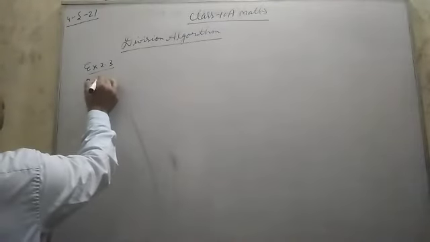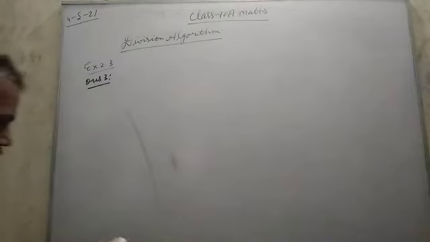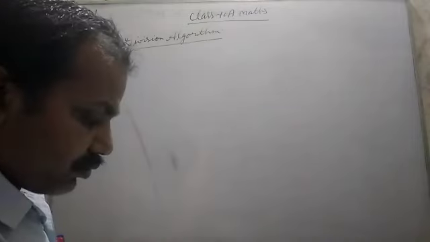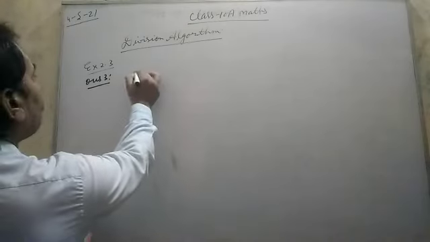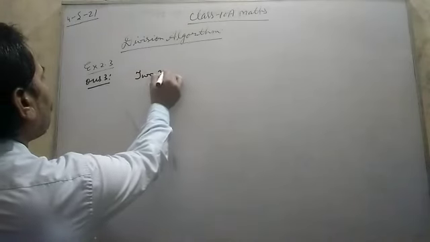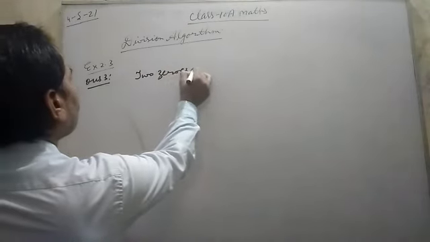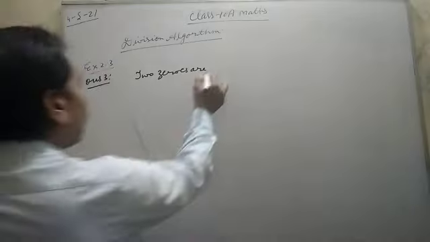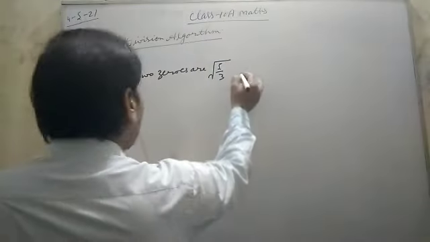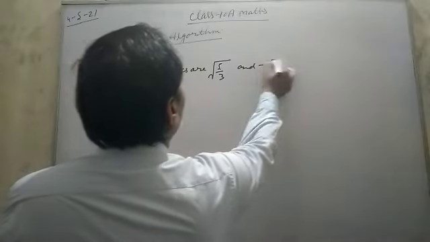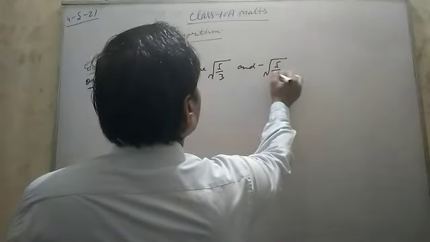So question number 3. So two zeros are root 5 by 3 and minus root 5 by 3.